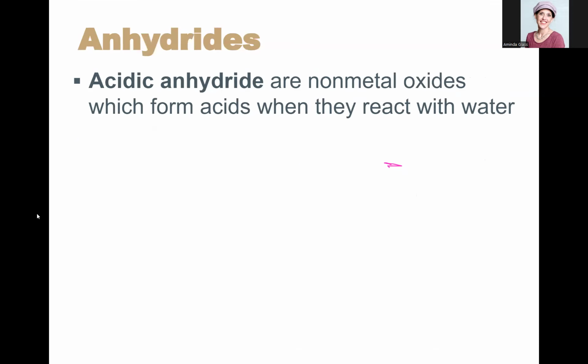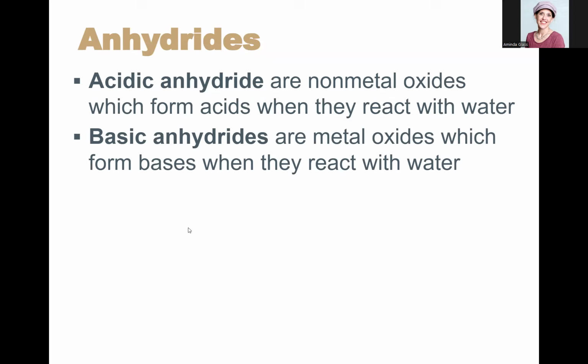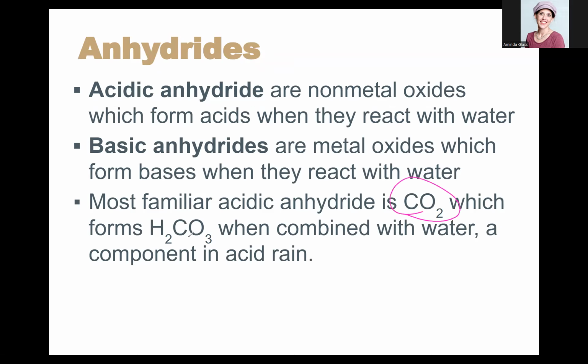Acidic anhydrides are nonmetal oxides that will form acids when they react with water. Basic anhydrides are metal oxides which form bases when they react with water. Now, the most familiar acidic anhydride is carbon dioxide, and that actually forms carbonic acid when it's combined with water. And this is a component in acid rain.